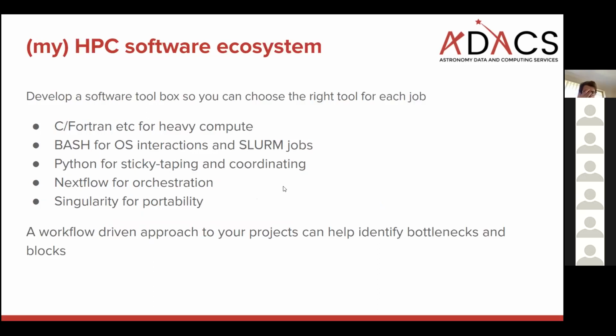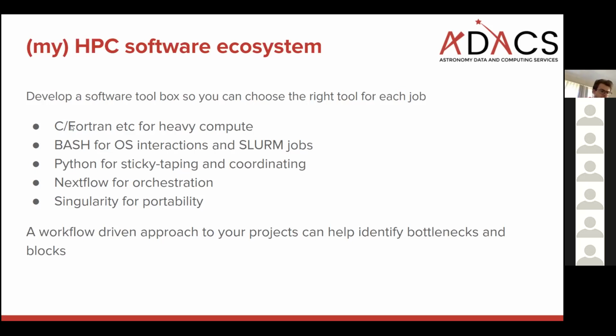All right, so as an example, my HPC software ecosystem is the following. The goal here is to develop a software toolbox so that you can choose the right tool for each of the jobs. For the work that I do, which is radio astronomy image analysis on the Pawsey system, I use C and Fortran codes for a lot of the heavy compute.